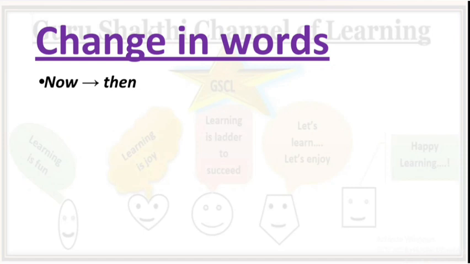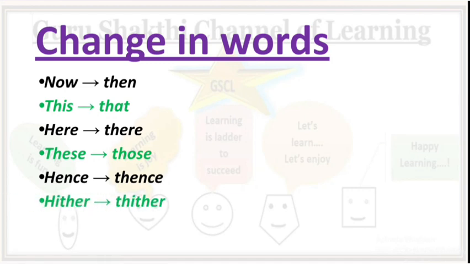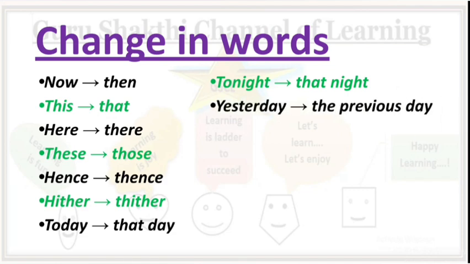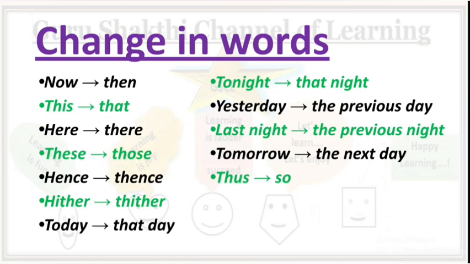Now is changed to then, this to that, here to there, these to those, hence to thence, hither to thither, today to that day, tonight to that night, yesterday to the previous day, last night to the previous night, tomorrow to the next day, thus to so, ago to before, come to go.